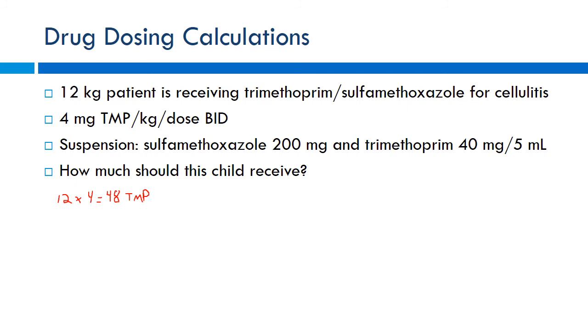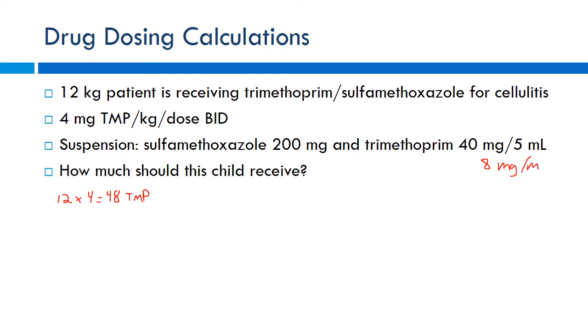You can see here. But anyway, based on what our suspension is, we're going to focus on just the trimethoprim component. We're going to see this 40 milligrams per 5 mLs. I'm just going to divide that out: 40 divided by 5 gives us 8, so this is going to be 8 milligrams per ml.